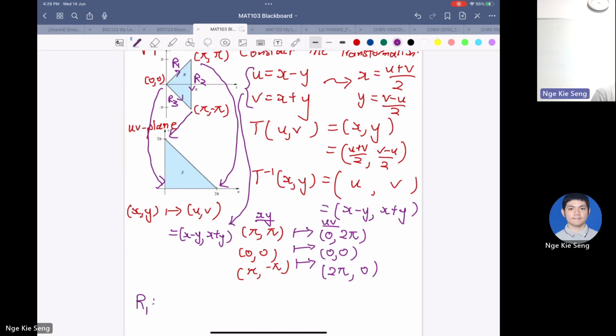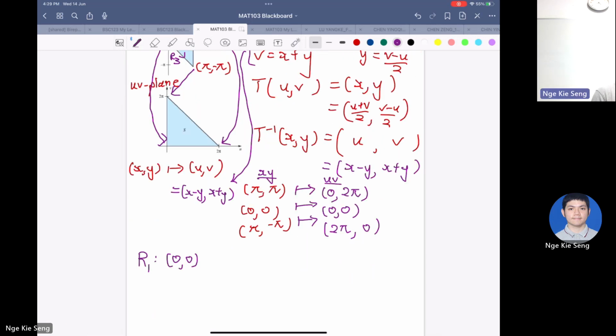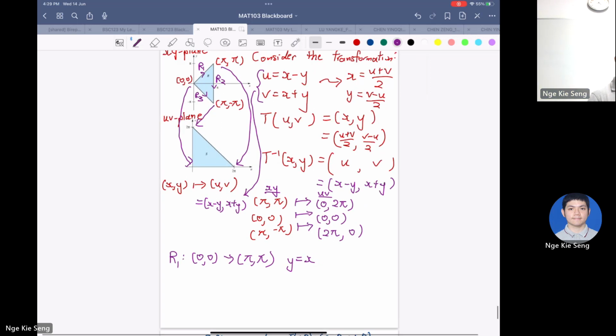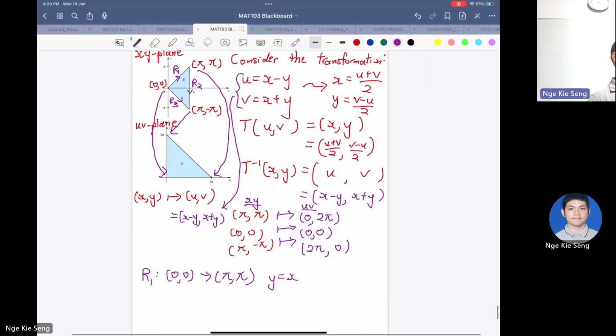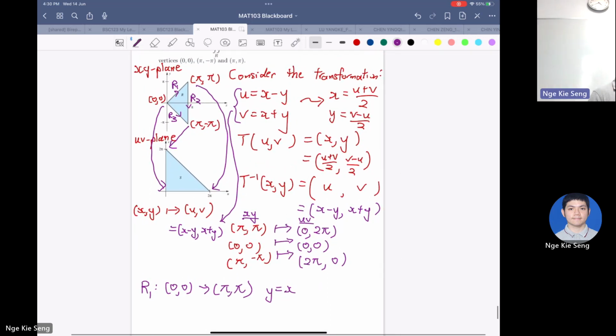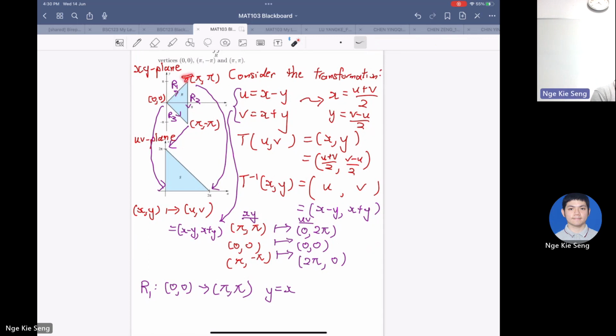R1 goes from 0, 0 to pi, pi. This is actually the line y equals x. You can compute the gradient, pi minus 0 over pi minus 0, which is 1. So this is the y equals x line.